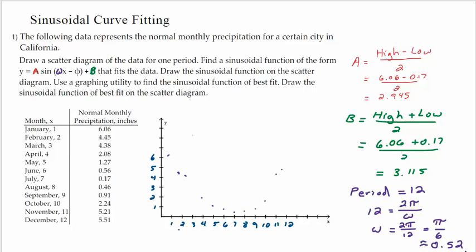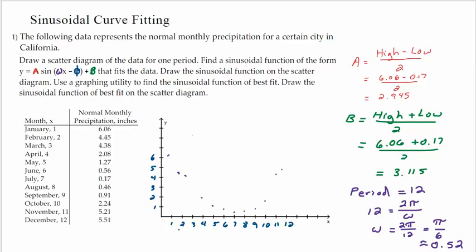Okay. Now, if we were going to try to finish this by hand and figure out what phi would be right here in order to get our phase shift, we would need to plot the sine function that we have with just these 3 values and then see how far we'd have to shift it to get it to match up. There's really no great algebraic way to figure out what phi is.